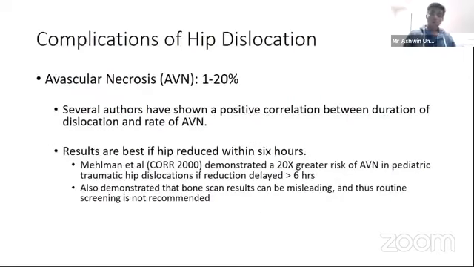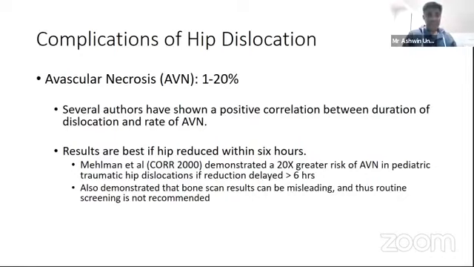Now, what are the complications of hip dislocation? As we have suggested, the most important complication one has to worry about is avascular necrosis of the femoral head.